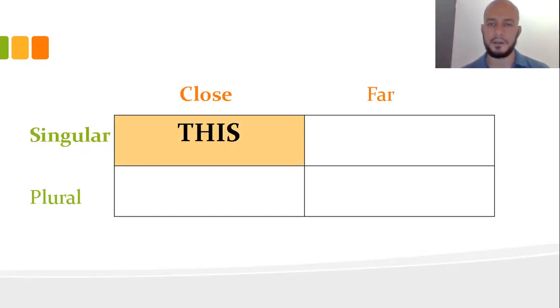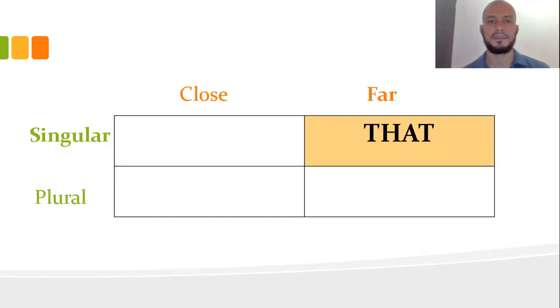It vibrates a little at the beginning, this. But I may have another case, where I'm speaking again about a singular noun, but this noun is far away from me. So in this case, we are going to use that.